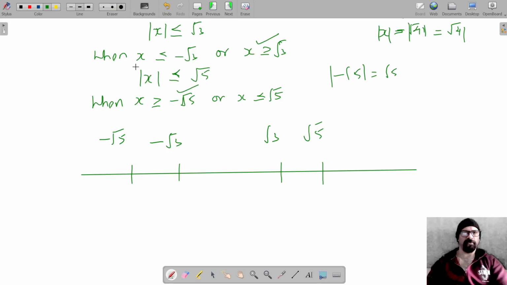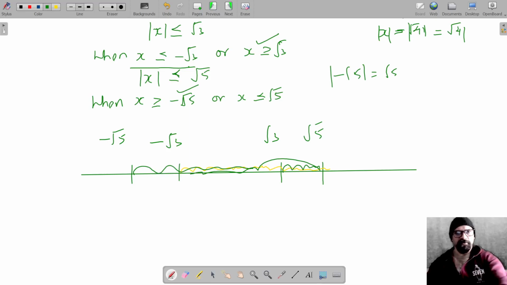For the first one, x less than or equal to negative root 3 is this region, and x greater than or equal to root 3 is this region. And x greater than or equal to negative root 5 and x less than or equal to root 5 would be both regions.